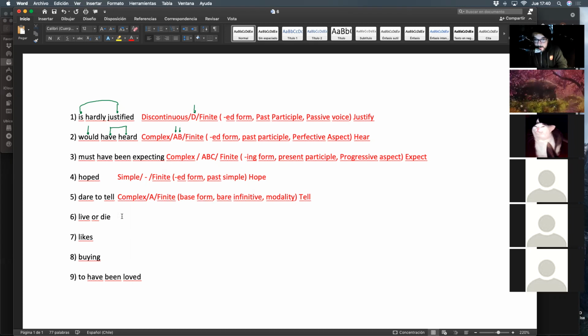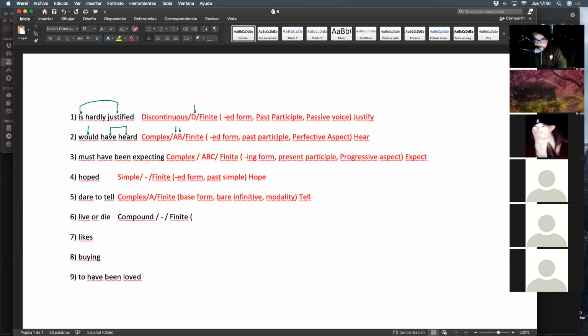Live or die, or coordinating conjunction, entonces compound. ¿Tiene modality? No. Does it have perfective or progressive aspect? No. And passive voice? No. So nothing. Let's imagine that's a present simple thing, right? So therefore it's finite.